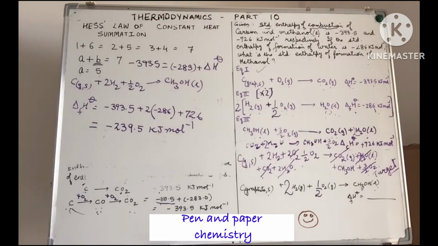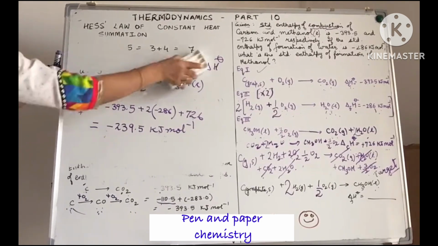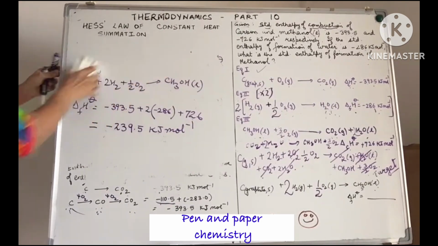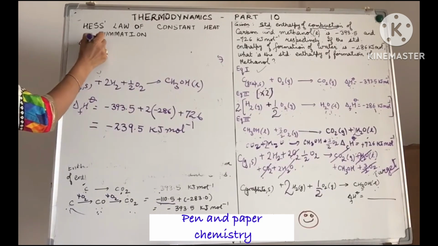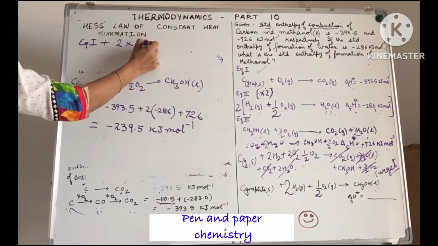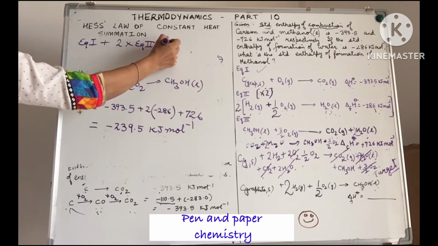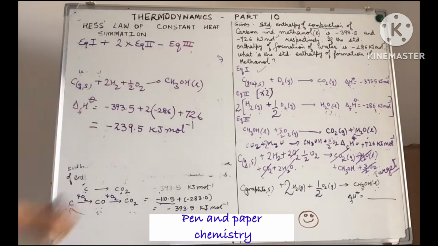How will you write this particular step? You will simply say equation 1 plus twice of equation 2 minus equation 3. Right?